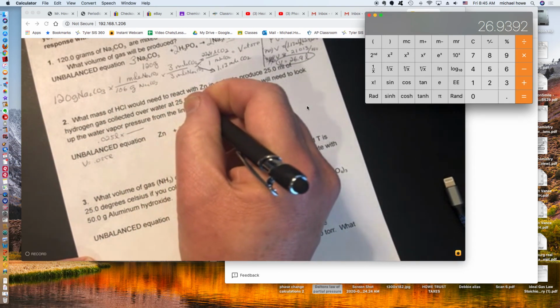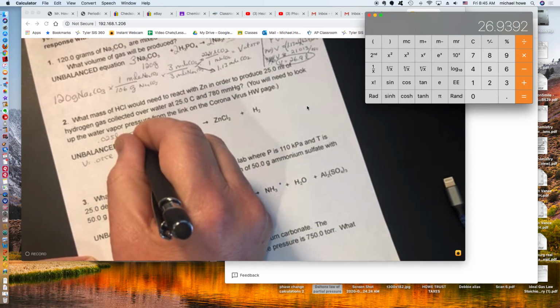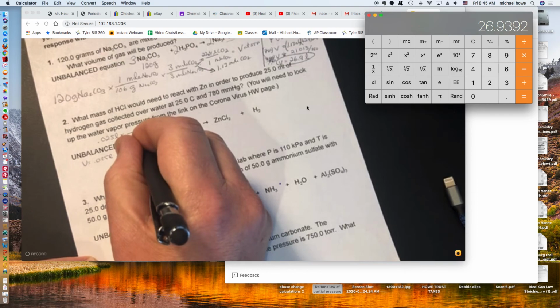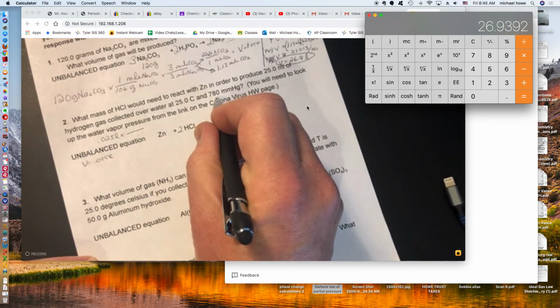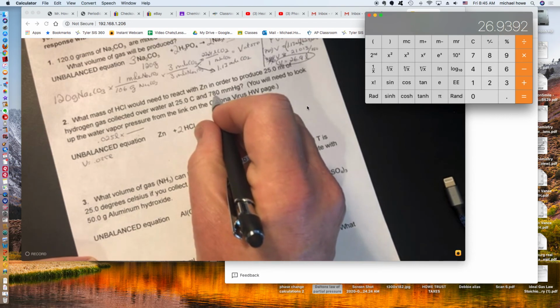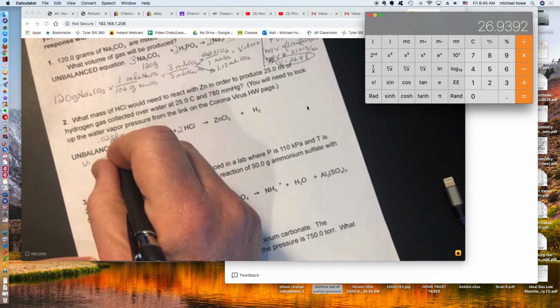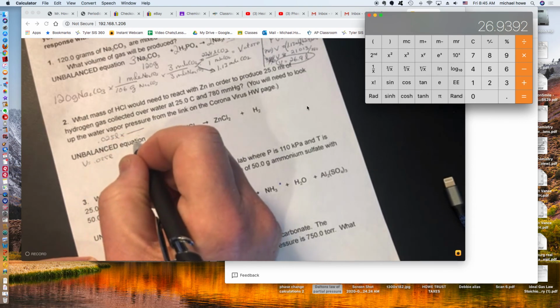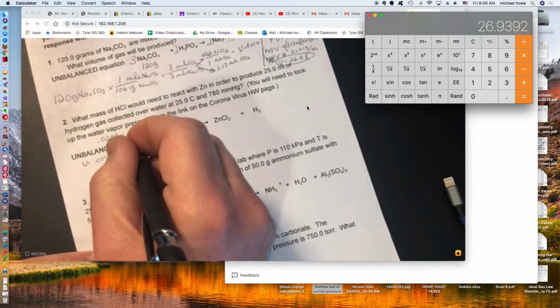The reason you need to change to standard conditions is because right here you cannot use the 22.4. This temperature is not standard temperature, and this pressure is not standard pressure, so you couldn't use 22.4 until you change the 25 to standard conditions. And I'll show you that. That's not the way I would recommend doing it, but I'll show it to you nevertheless.